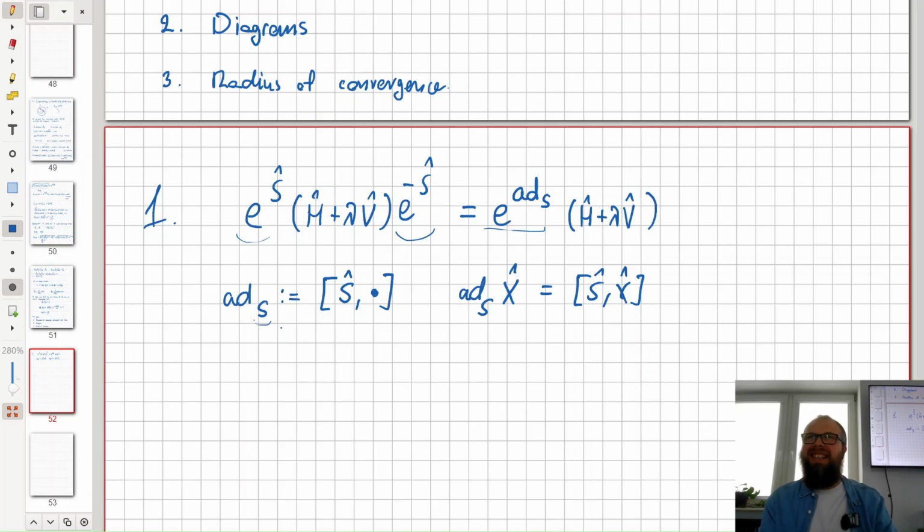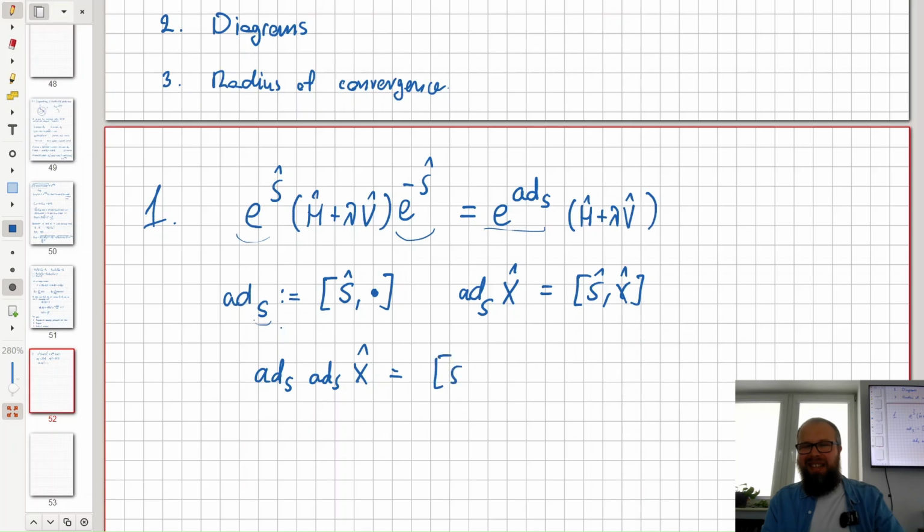Exactly. This is a thing that pops up all the time. Actually, there was an assignment a couple of lectures ago to see this happening, because we already saw nested commutators. If you take a power of adjoint S on X, what will you get?